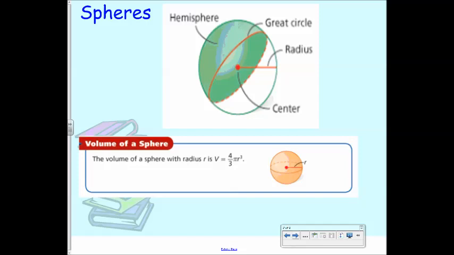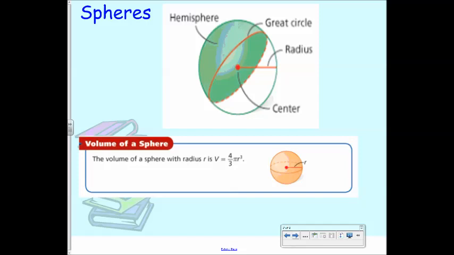What do you think a great circle is based on that picture? What do you think a great circle is? It's the circumference. Where is the great circle? It's right in the middle. So that means it's the biggest it could possibly be, right? Because if you have a ball, the widest a ball can possibly be would be around the middle of it, right? So that's called the great circle.